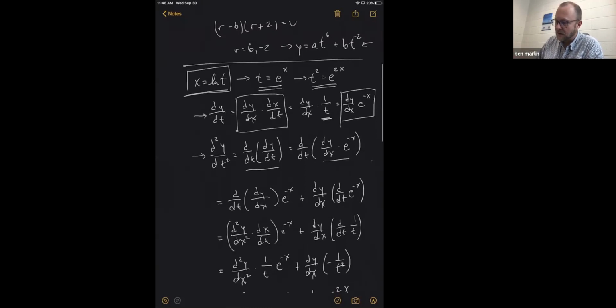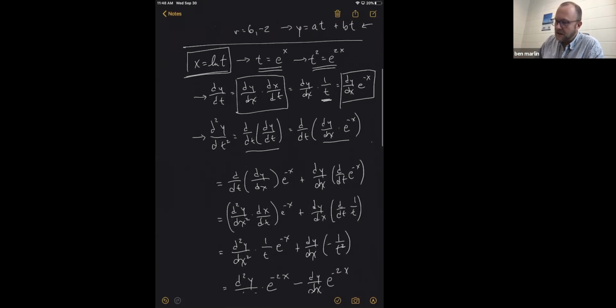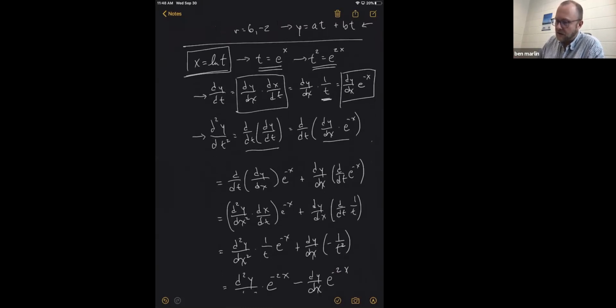But in heading there, I'm going to note that there is a product. So I'm going to break this into two pieces and apply the product rule: take the derivative of the first part, leaving the second alone, and then take the derivative of the second part, leaving the first alone.